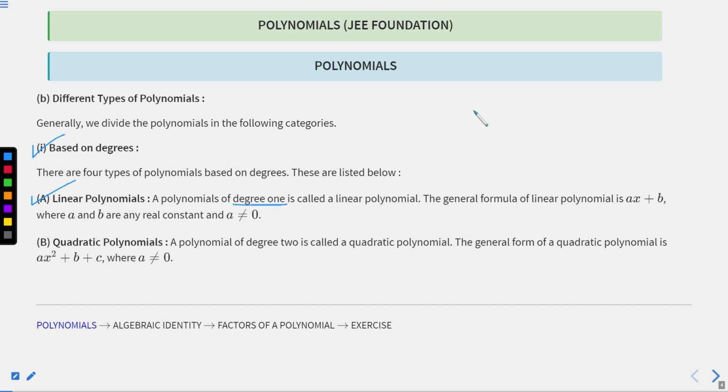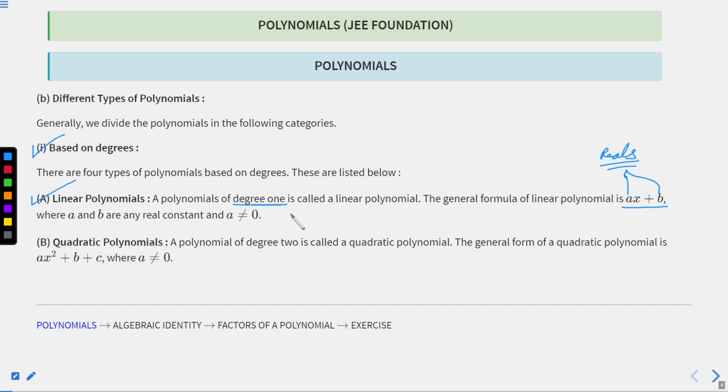So degree 1 means the highest power of x must equal 1. This means my linear polynomial will look like ax plus b, where a and b are real numbers, whereas x is just a variable in the polynomial.